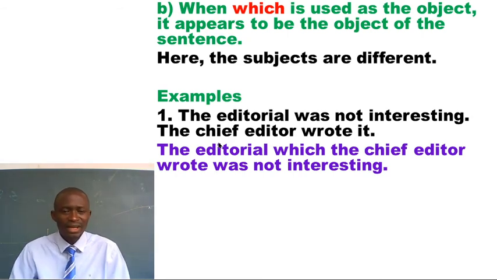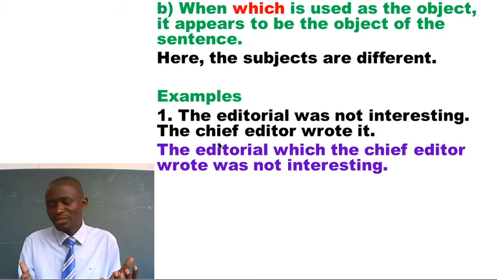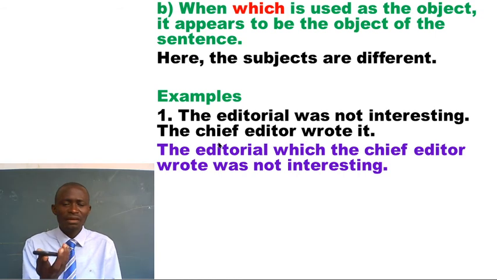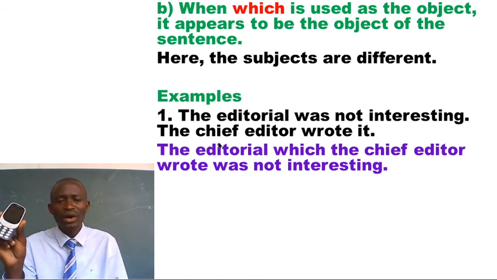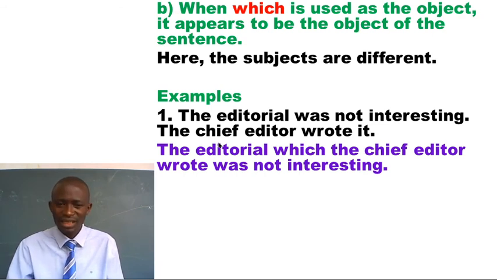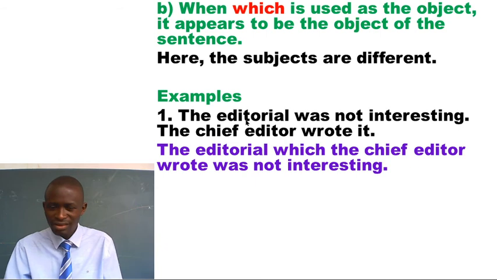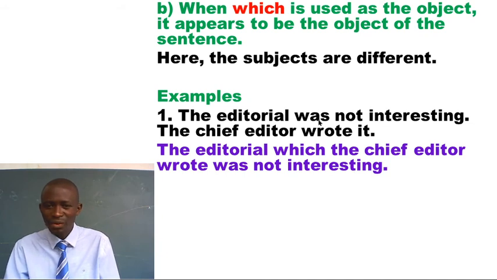For example, I can be a carrier, and I can say I'm carrying the phone. The phone becomes the object I'm carrying, and I am the doer. Which action am I doing? I'm carrying. So here we have the editorial as our object, which was not interesting. The chief editor wrote it.